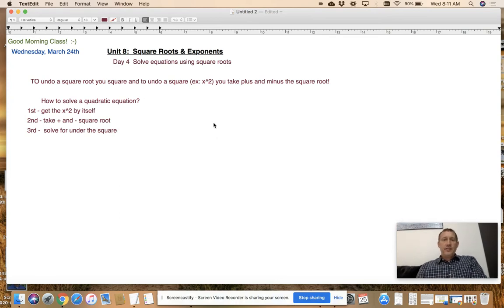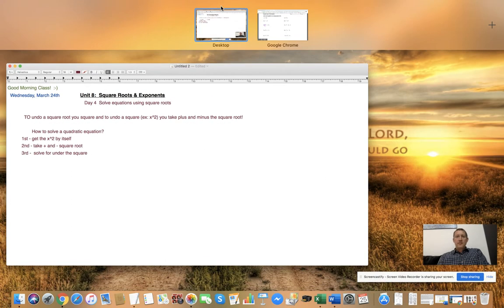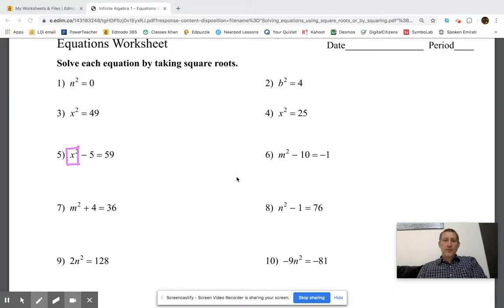All right, so let's go ahead and do a few more examples and we'll call this a day. At least for the video. All right, so let's go ahead and solve for x here. So first thing we got to do is add 5 to both sides so we can get the x squared by itself, right?